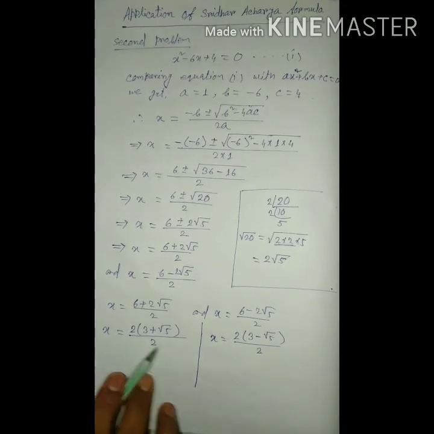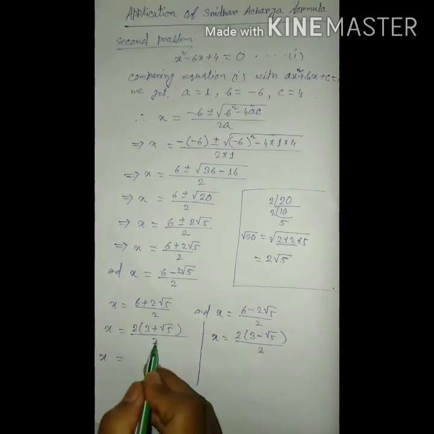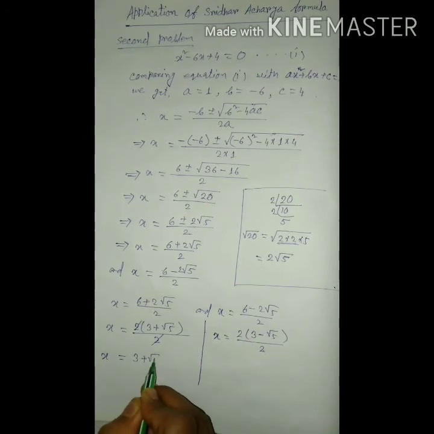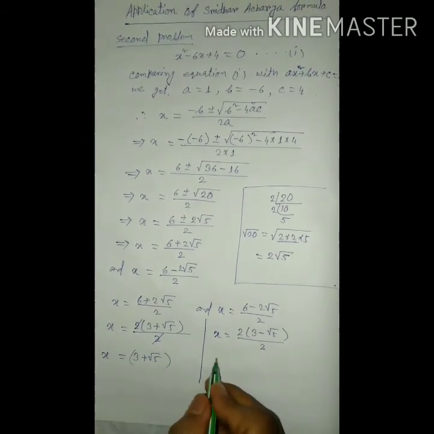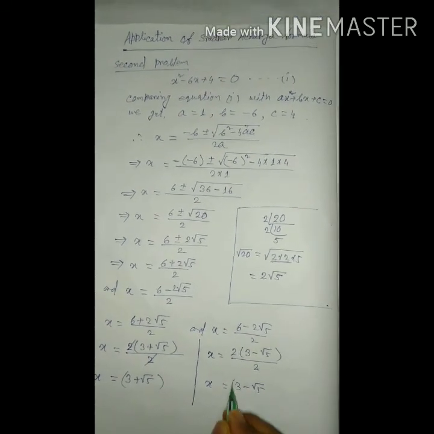Cancel these 2's and these 2's, we get x is equal to 3 plus root 5, and x is equal to 3 minus root 5.